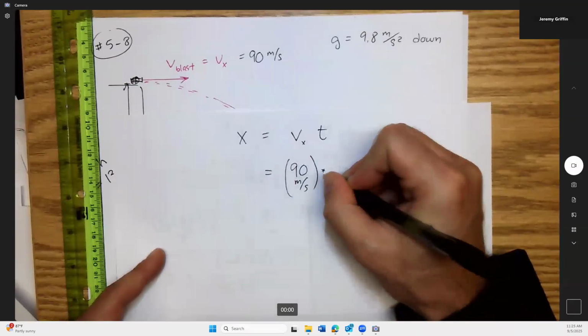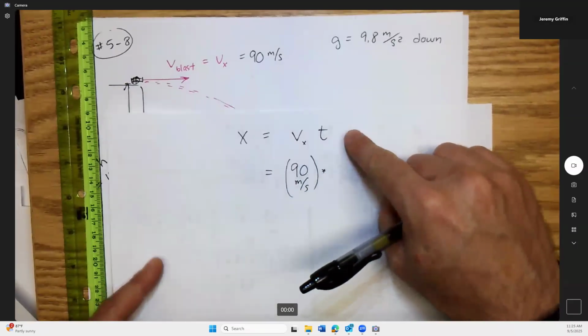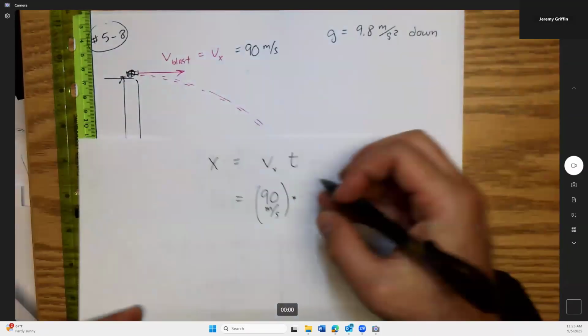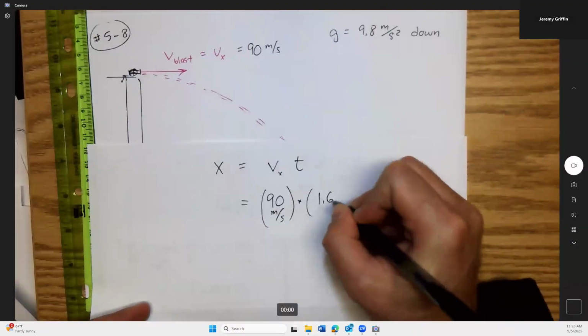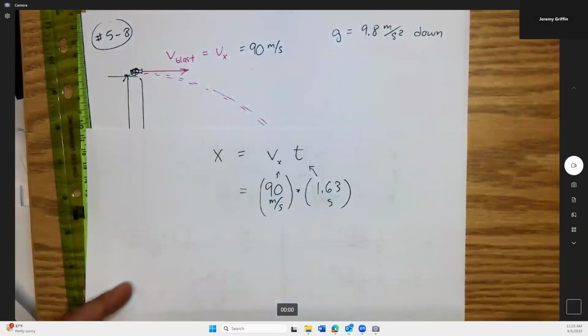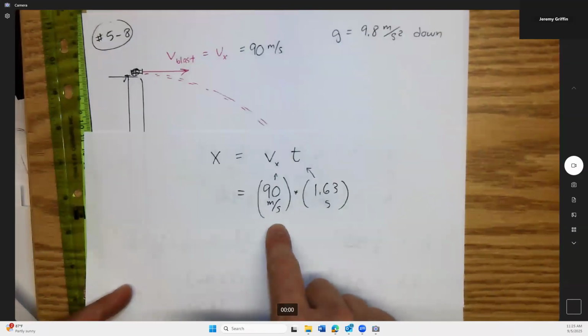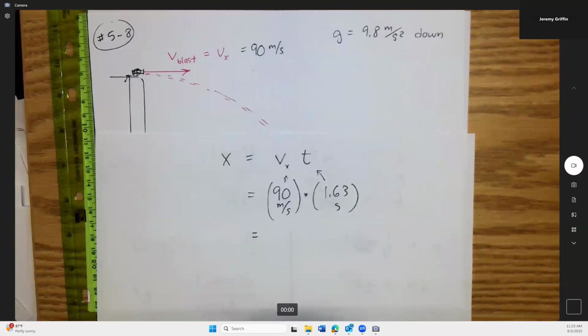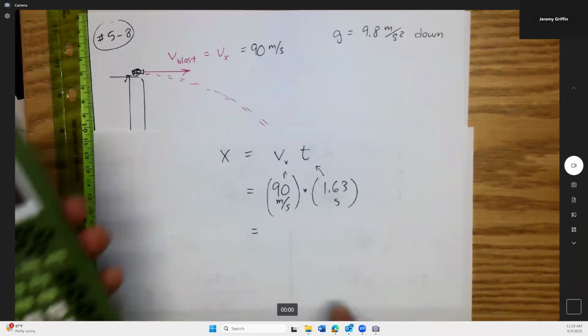And then we just found time. My time is this much, so I'll pop it in right here. It's going across the field this fast for this much time. Now I can know how far the cannonball goes horizontally. Try that out.